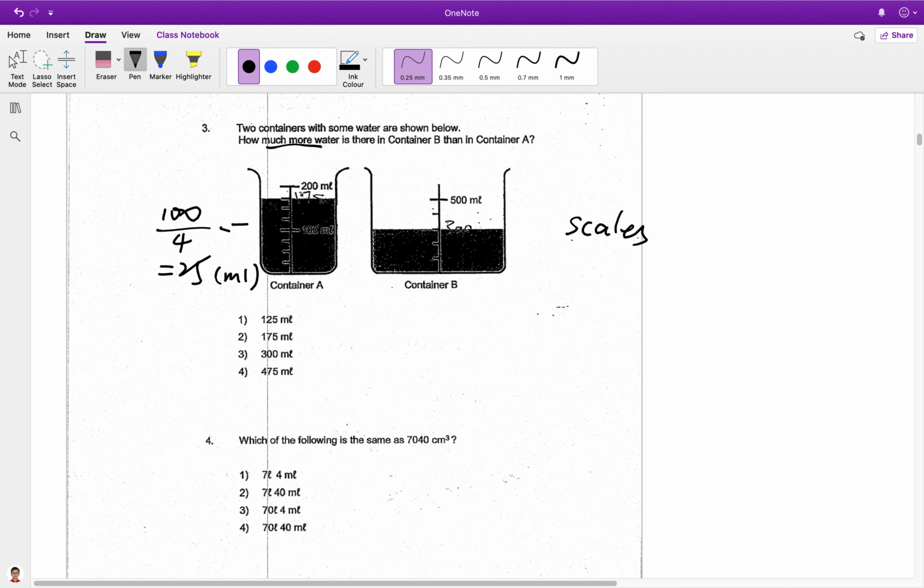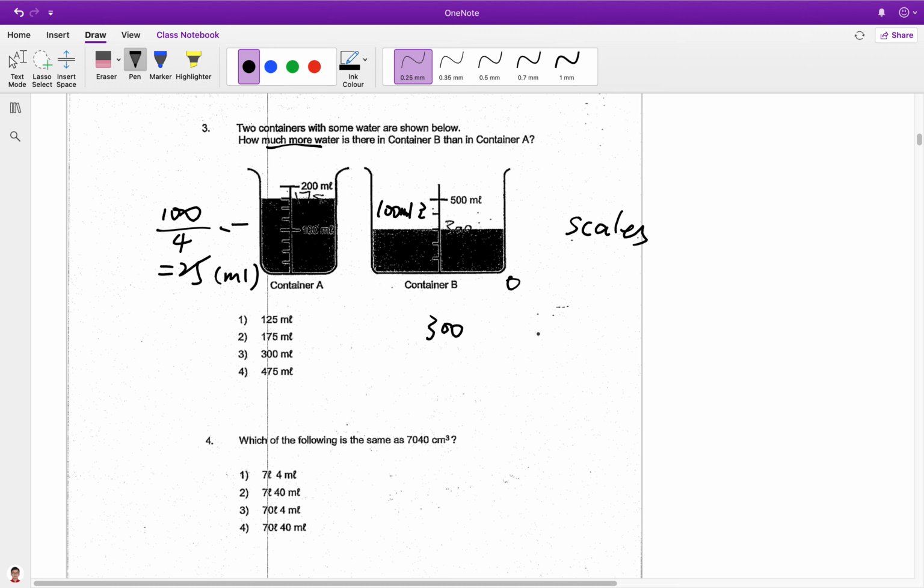For the other one, from the bottom, if there is no water the volume is 0. So we see 1, 2, 3, 4, 5. So 5 is 500 ml. For this one, each one is 100 ml, and this one is 1, 2, 3. So this one is 300 ml.